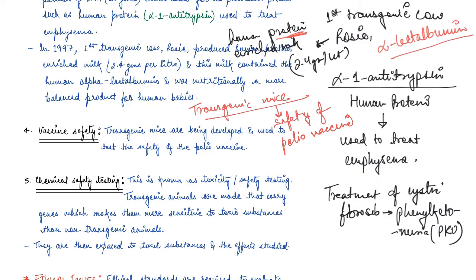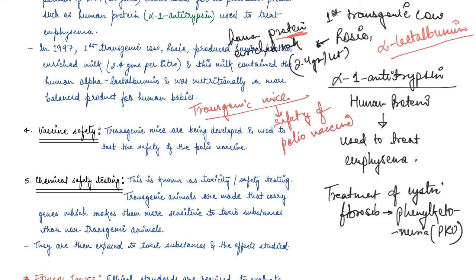Now, if the vaccine is successful and we find it to be reliable, then we can replace the use of monkeys to test the safety of batches of the vaccine.